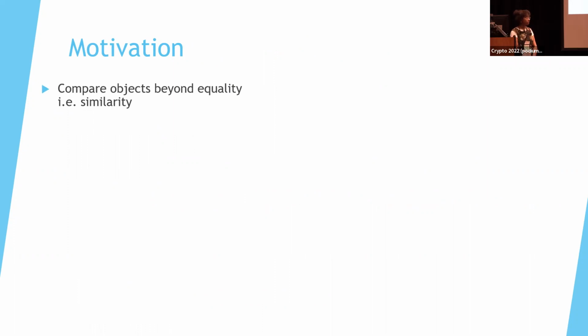Okay, so why do we care about studying property preserving hashing? What if we wanted to compare objects beyond equality, let's say by some similarity metric that we may want to define? Apple attempted to do this with their NeuroHash application, which was intended to detect child sexual abuse material on the cloud.